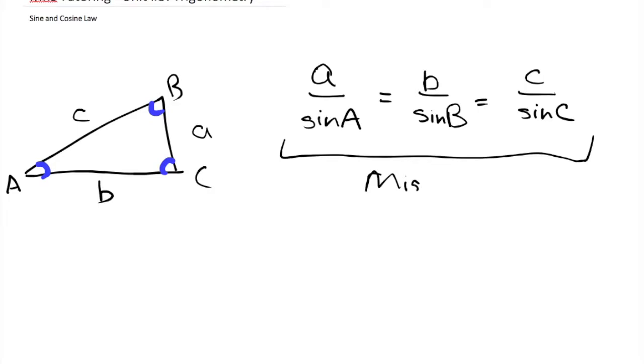This is the ratio you would use to solve for missing sides.